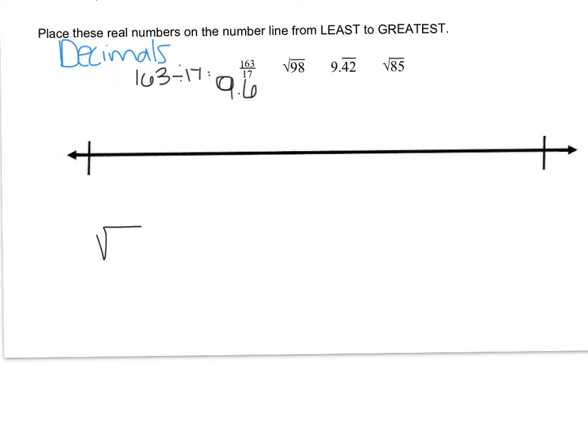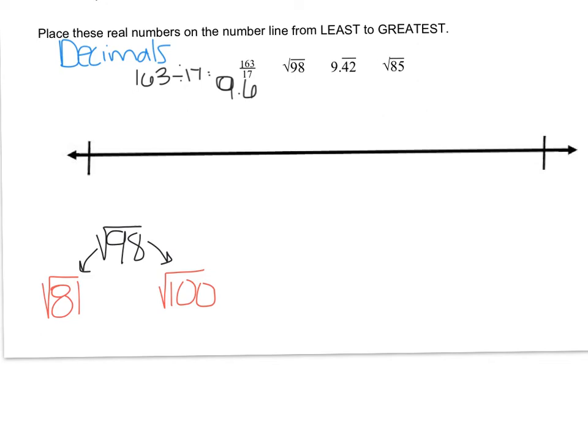Square root of 98. Think about what two perfect squares it's between: 81 and 100. Think about how far apart they are from each other.